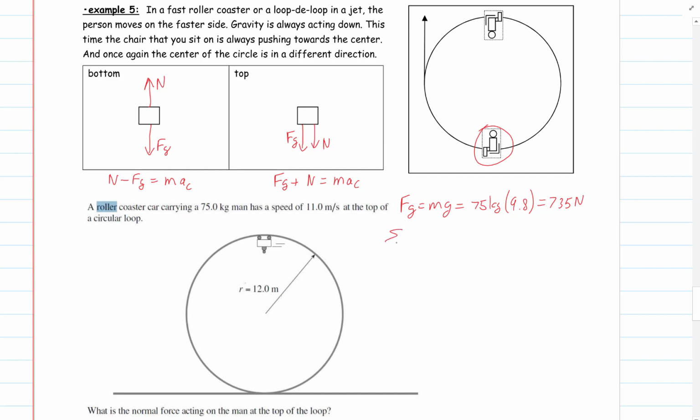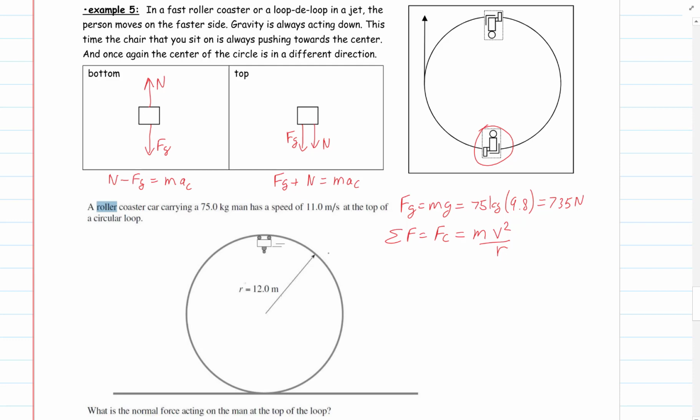Now, we do the sum of the forces is equal to Fc, which is equal to m v squared over r. We're choosing the other one this time because it doesn't have time in it, so we'll use velocity.